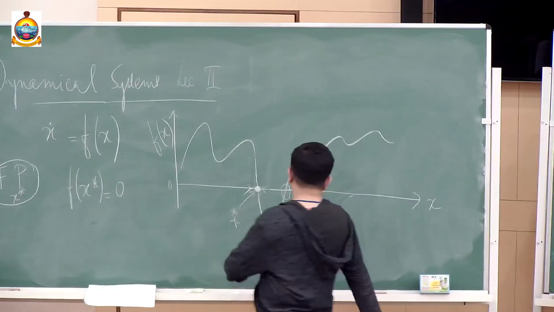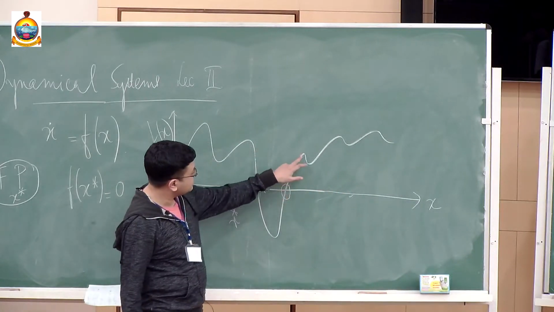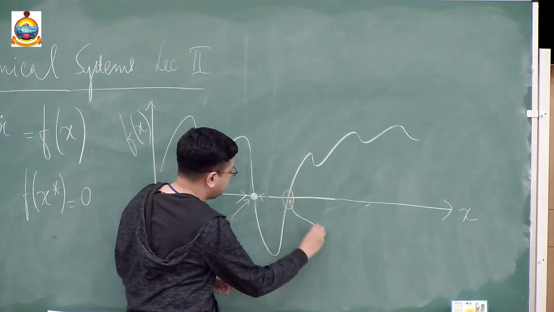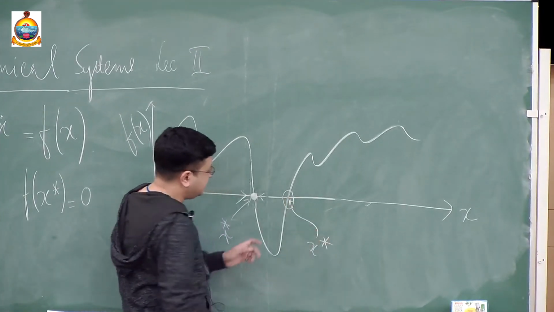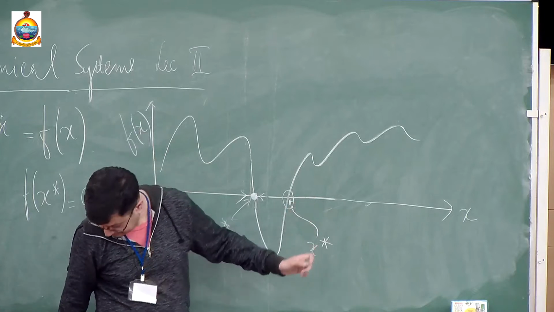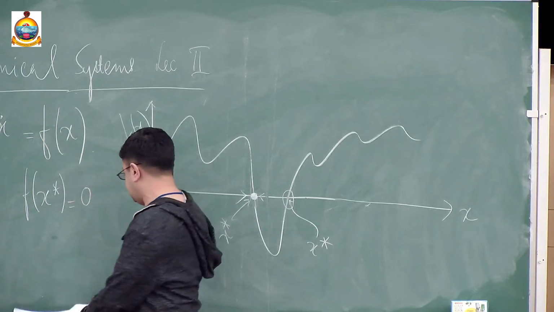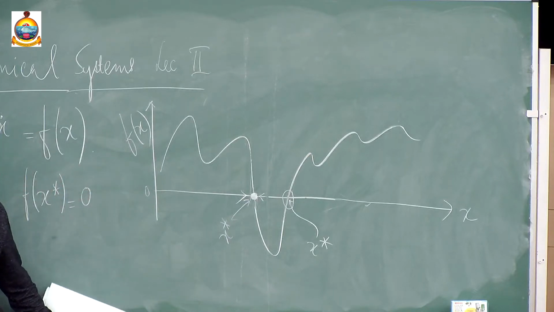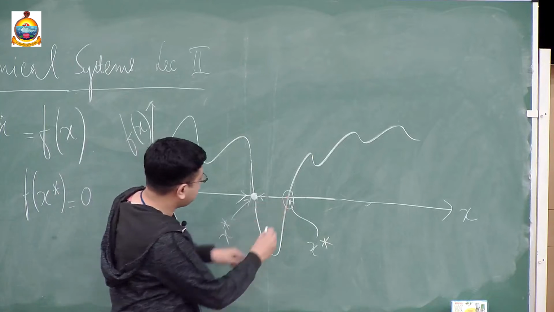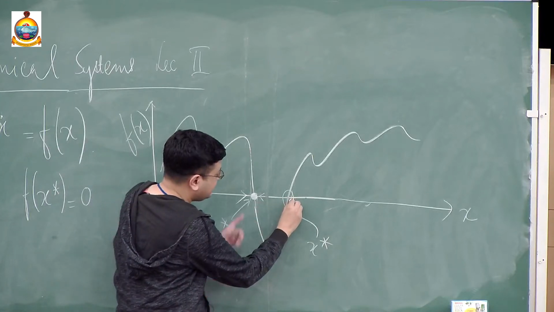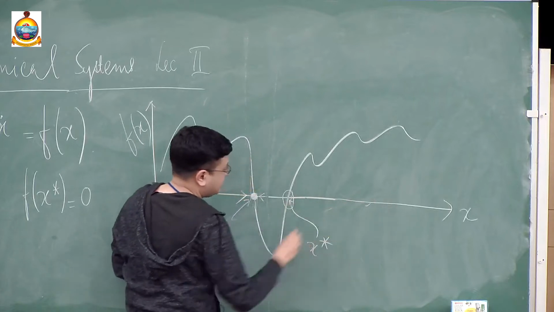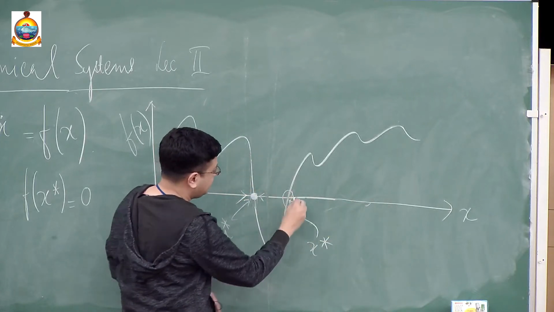Let's look at this point now. Here you see the velocity. If I start off to the right of this x star, then the velocity is positive, right? So x is going to increase in time. If I start from somewhere here, then at the next instant I will be thrown towards the right because x is going to increase.